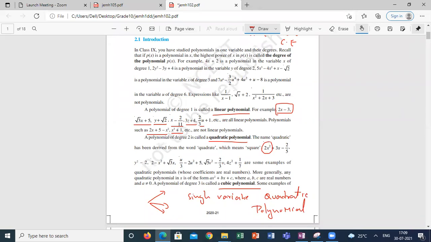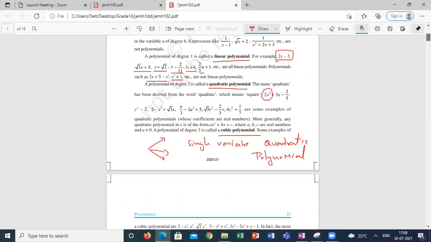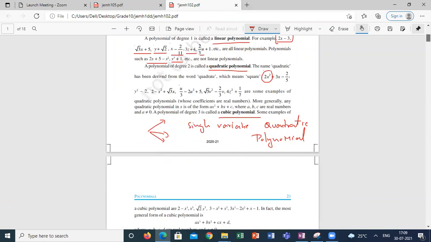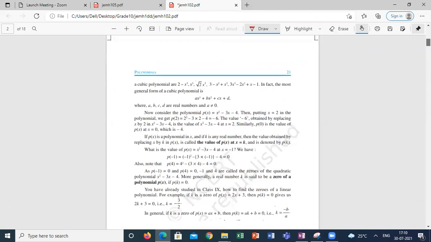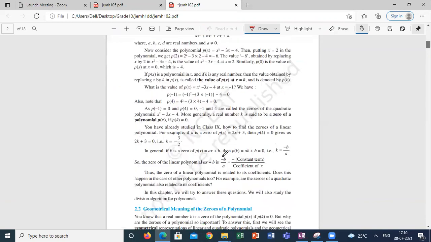So this is the basic idea about the different kinds of polynomial, and when we can call something a cubic polynomial. After discussing the polynomial, we start with the zeros of a polynomial.